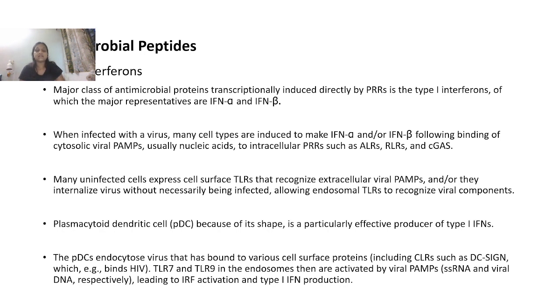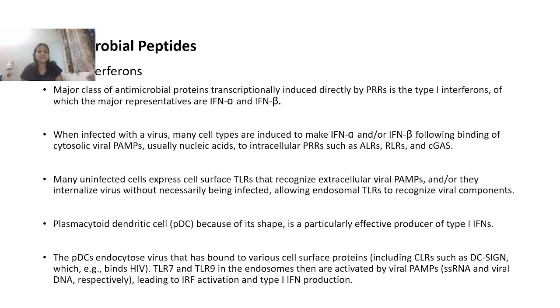Many uninfected cells express surface TLRs, or toll-like receptors, that can recognize different kinds of PAMPs, pathogen associated molecular patterns, which I discussed last week. They can internalize the virus without being affected, allowing endosomal TLRs to recognize the viral components. These uninfected cells can also be affected by type 1 interferons and can further induce the production of more and more interferons.